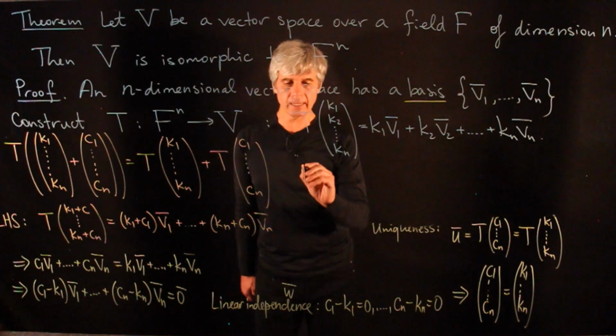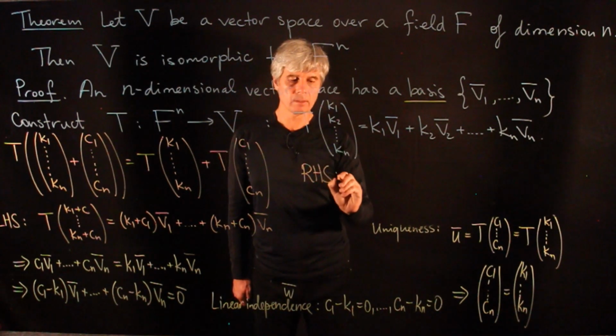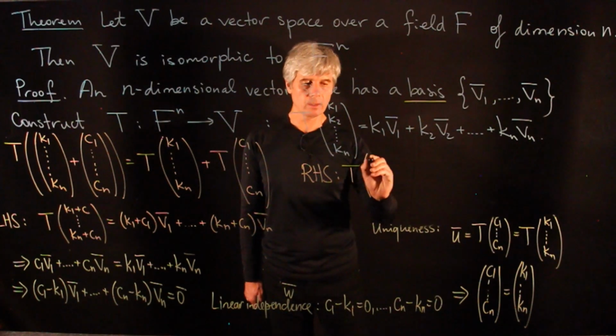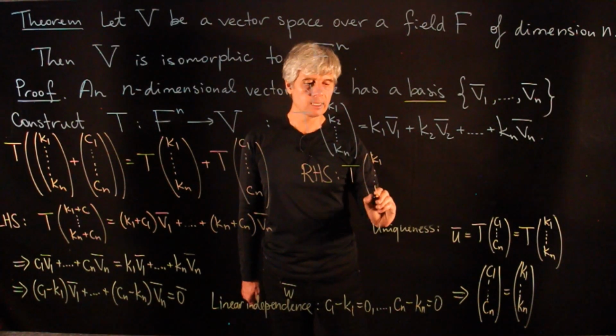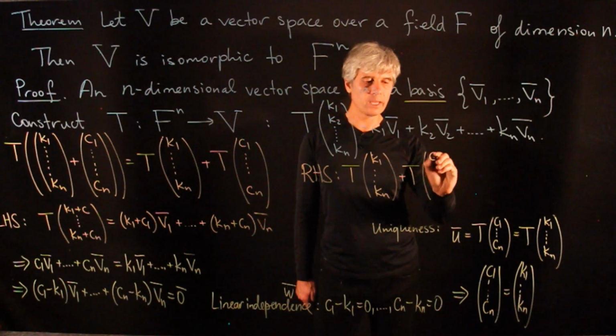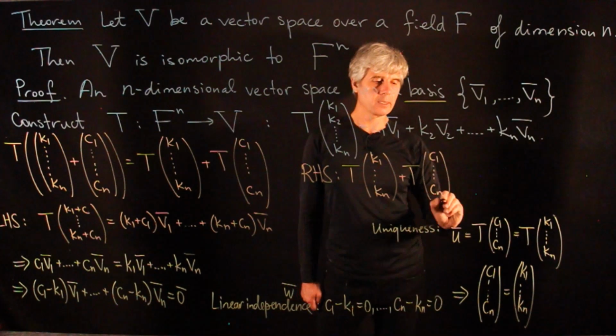But for the right-hand side, we have T of K1 ... Kn plus T of C1 ... Cn.